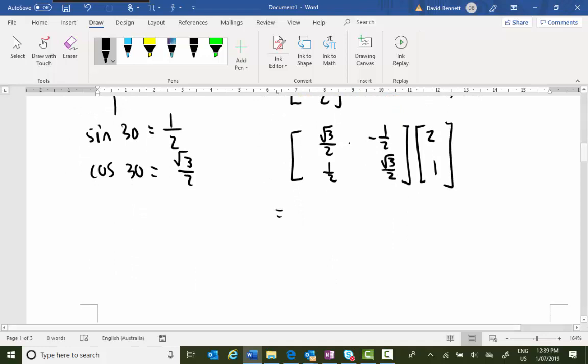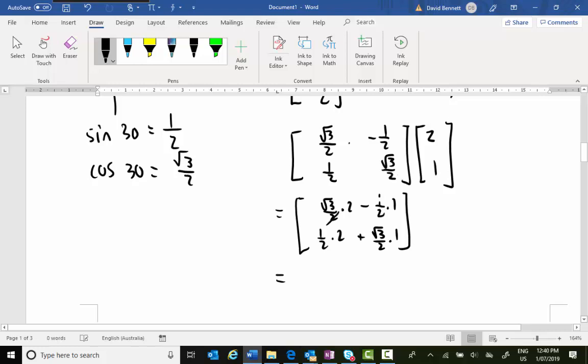Again, do the same thing. I'm going to have √3 on 2 times 2, take 1/2 times 1, which I'll need to simplify. Then 1/2 times 2, plus √3 on 2 times 1.